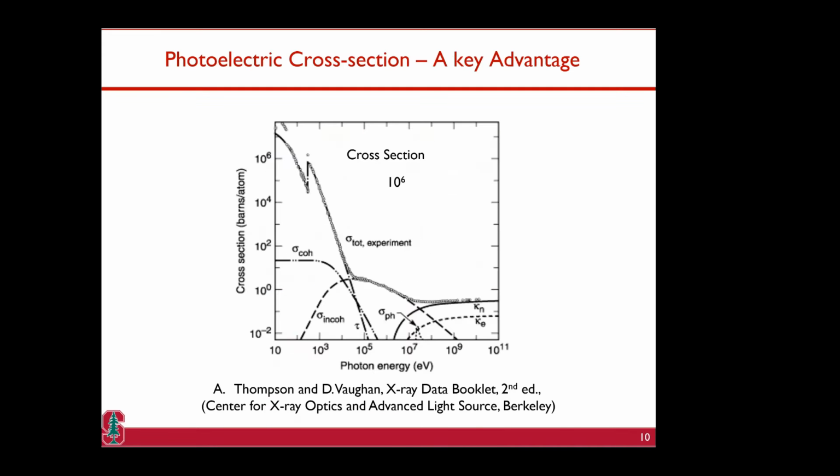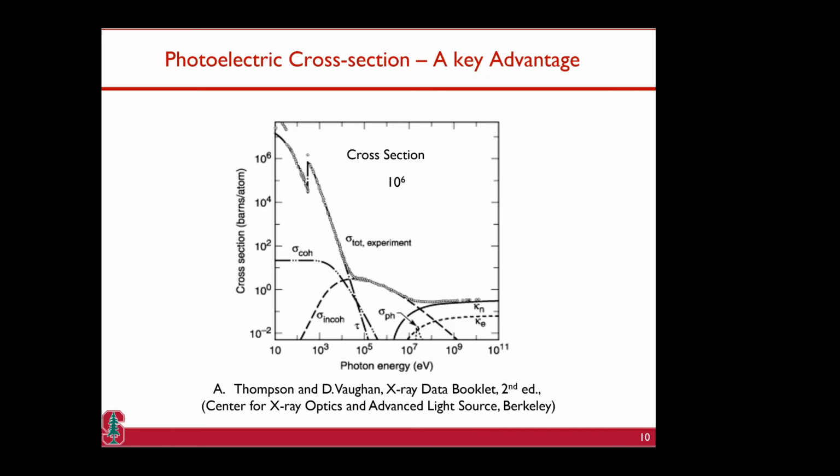There are several reasons photoemission has become a very efficient way to study quantum materials. One is that in the relevant photon energy range, the photoelectric effect has a very high quantum efficiency, photon in, electron out.